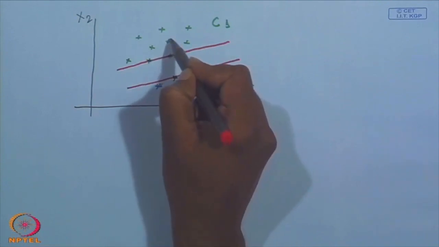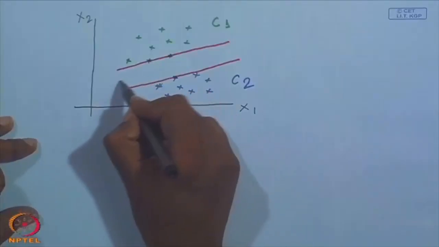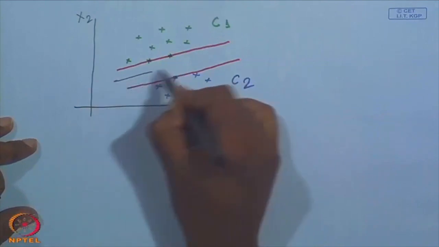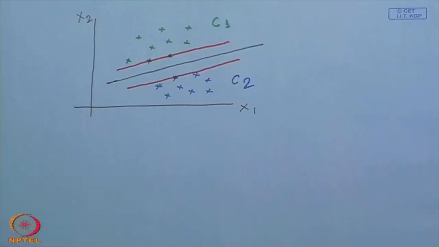But if this other feature vector is slightly disturbed, my classification result is not going to vary that much. So I have to put my classifier somewhere in the middle of these two, and this is a classifier which will be more reliable, or more generalized, where my risk of misclassification will be less.